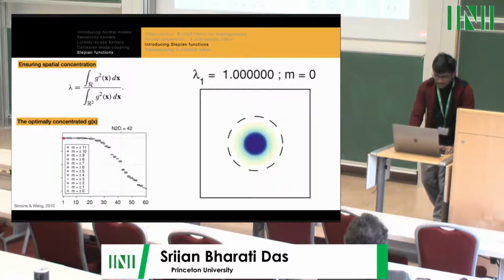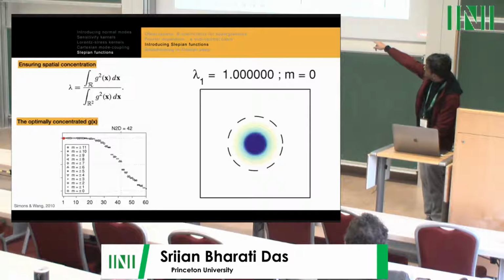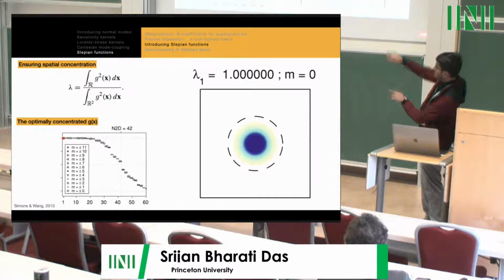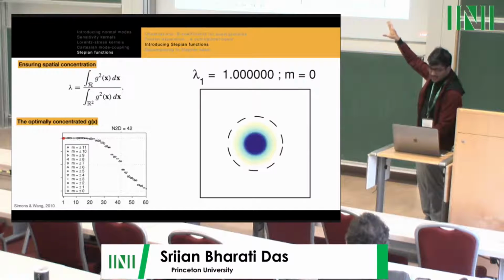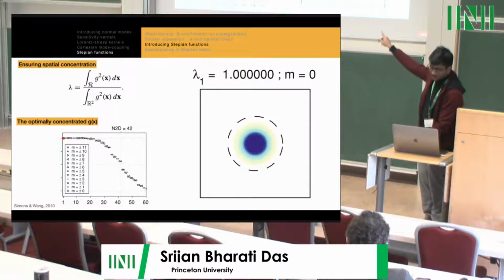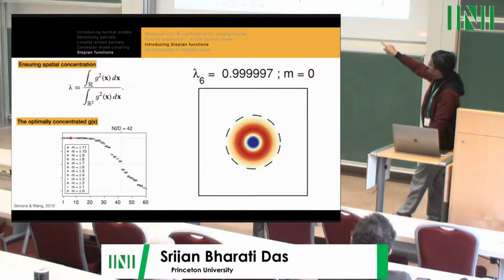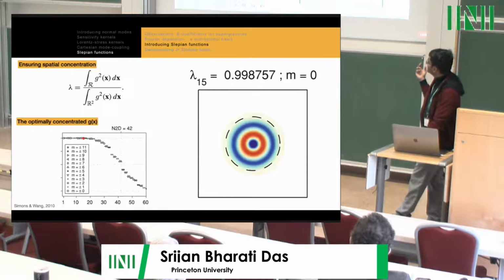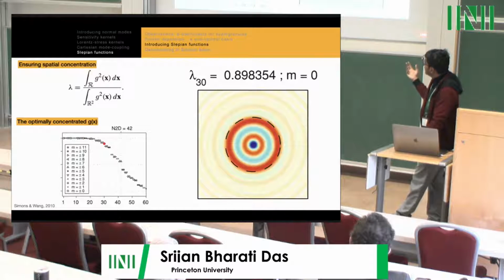And as I've shown you, the first one here, where lambda is almost 1, is entirely concentrated within R. That's the energy of the function in the patch divided by the energy in the entire space being 1. And then as we go lower in lambda, it just means that it starts leaking out ever so slightly. And up to 30, you see it's still pretty concentrated.